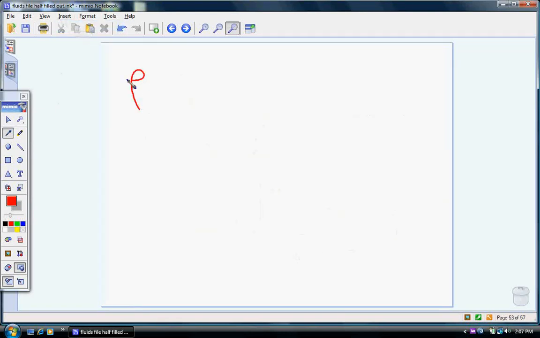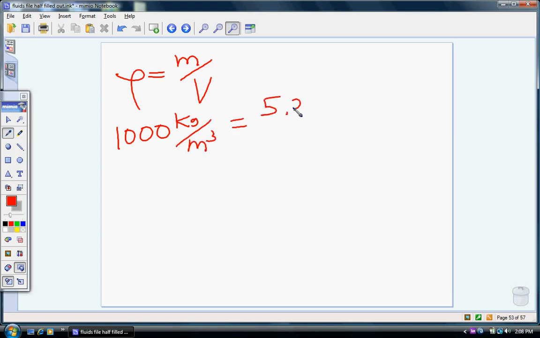We know that density is equal to mass divided by volume, so 1,000 kilograms per meter cubed is going to equal 5.25 times 10 to the 5th kilograms, and that's going to be divided by big V for the volume.